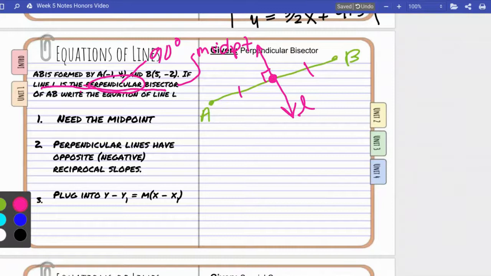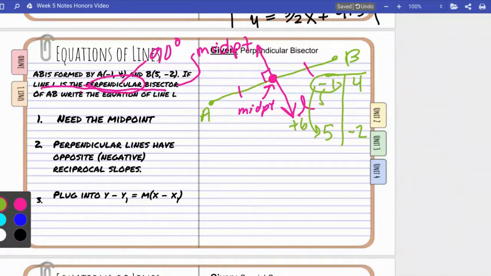First thing I need to know is what point does line L go through? It goes through the midpoint. Since it goes through the midpoint, we've got to find the midpoint. So I like to use a T-chart. You could use a different method. From the points negative 1, 4 and 5, negative 2: I'm going from negative 1 to positive 5, I add 6.